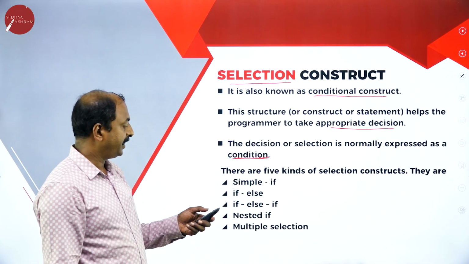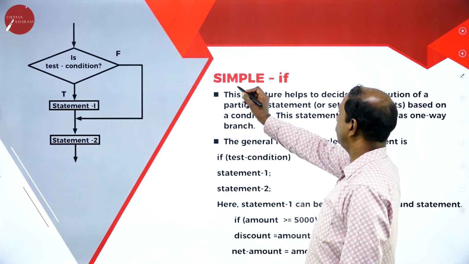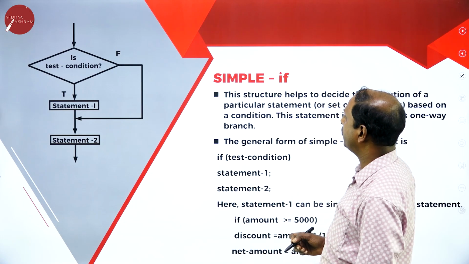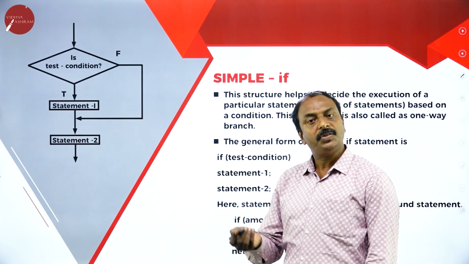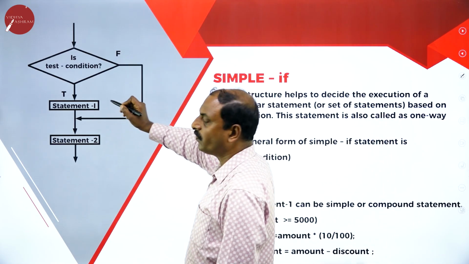Now let us see these one after another. The first construct is the simple if statement, or we say the if construct. Look at the diagram here. This is the flowchart.